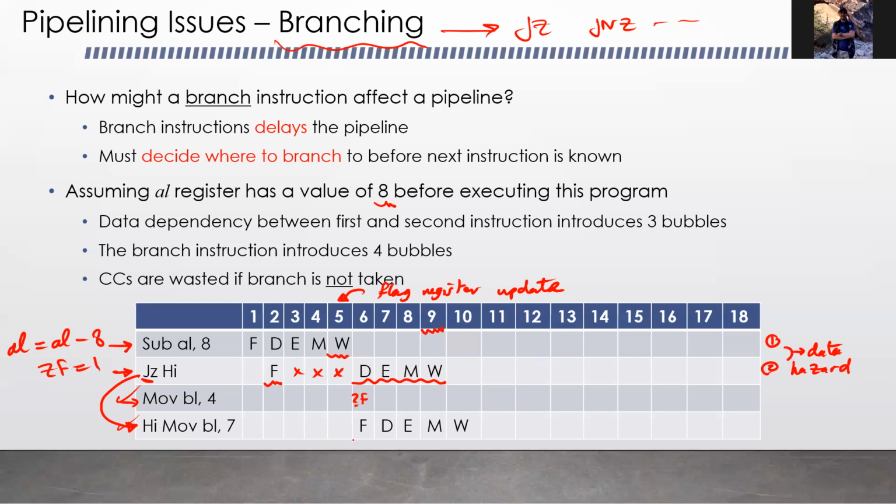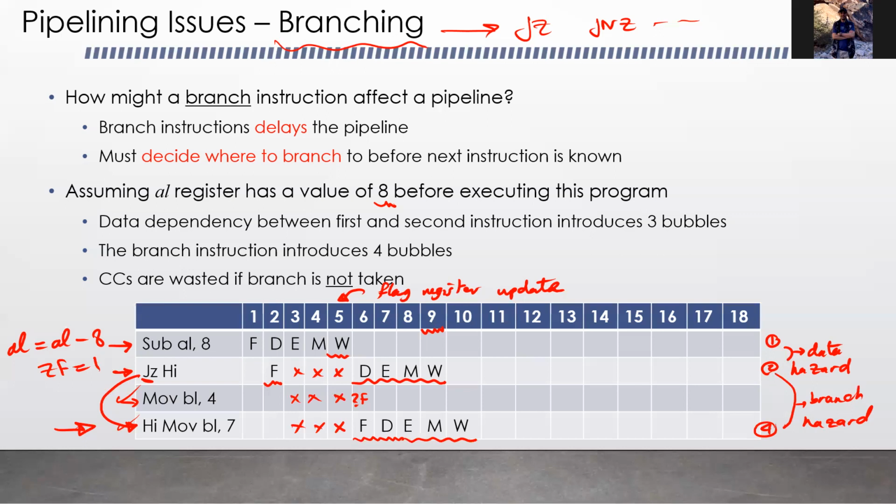So that's why here we fetch the last instruction, the fourth instruction. And we have bubbles again here, but these bubbles between the second and the fourth instructions are branch hazard bubbles. We can label them here.